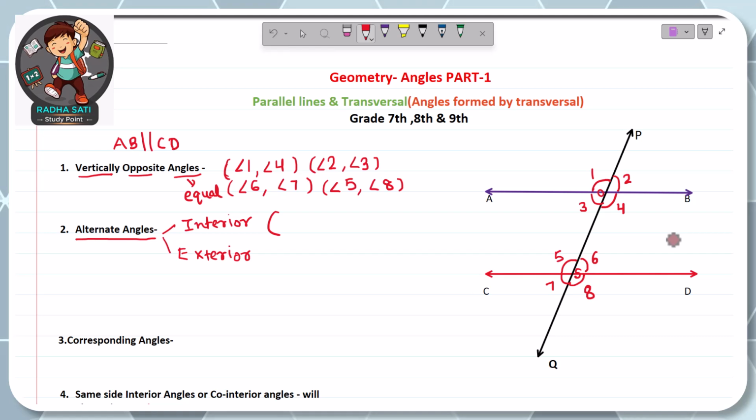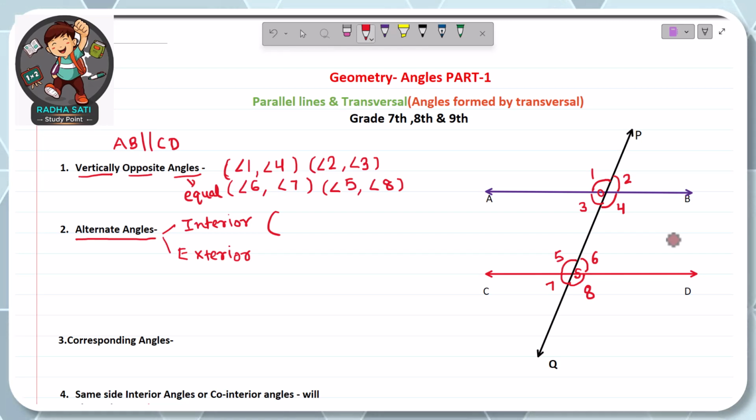You can see that AB and CD are parallel lines, and this PQ is intersecting them at points O and S respectively. So you can see that angle 4 and angle 5 are on the alternate sides of this transversal. Okay, and angle 3 and angle 6 are also on alternate sides.